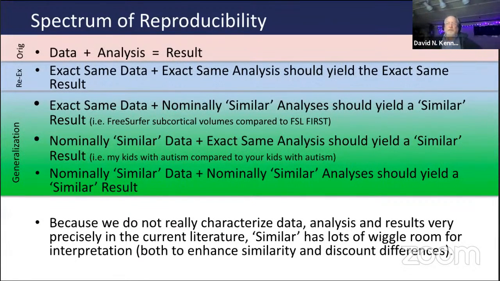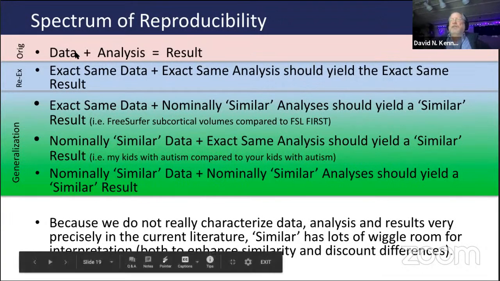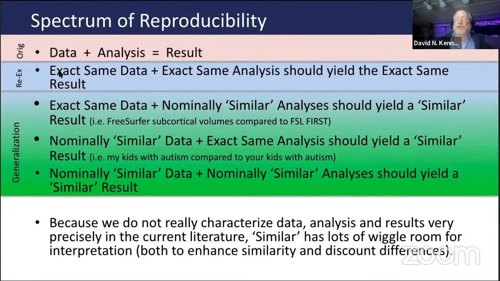A different version of the same thing: the original paper you write has some data, some analysis, some result. We argue that the first thing we're missing is this concept of re-executability. And I'm guilty of this, especially because I'm so old and have been doing so many studies for so long, that I probably cannot get to the same data from a study I did and get to that same analysis and verify that I can get the exact same result from a paper 5, 10, or 20 years ago.